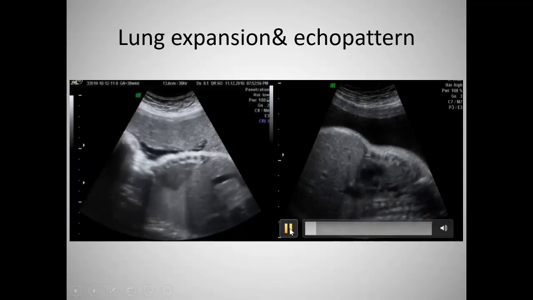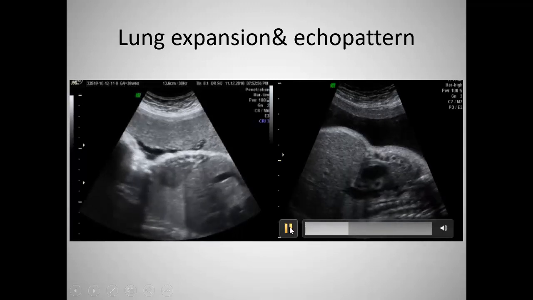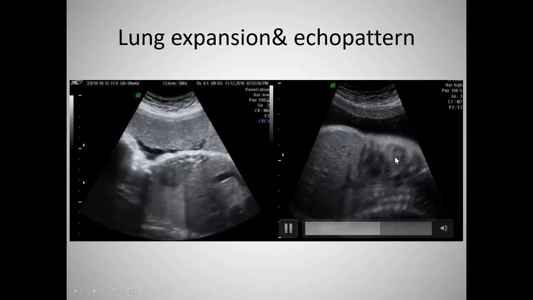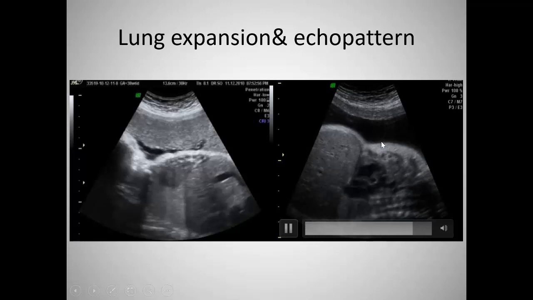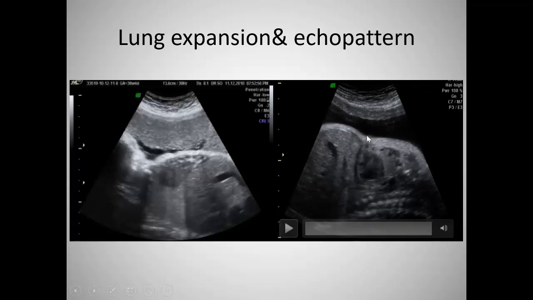To compare, this is another fetus where the chest is narrow. It is dumbbell shaped. Note here, it is a dumbbell shaped chest. So this is a hypoplastic lung, and this was a case of phocomelia where we can see how the lung is, and usually this baby died from the hypoplastic lung.